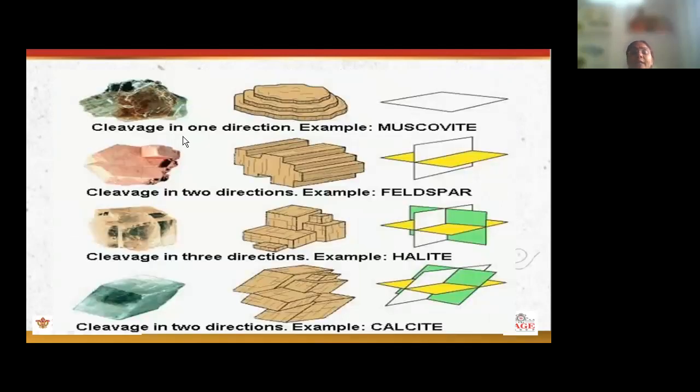It is also categorized by direction. When the mineral splits in one direction, it is said to be one set. When it splits in two directions, it is a two-set cleavage. Example, feldspar. Three sets: halite and calcite have three sets of cleavage.